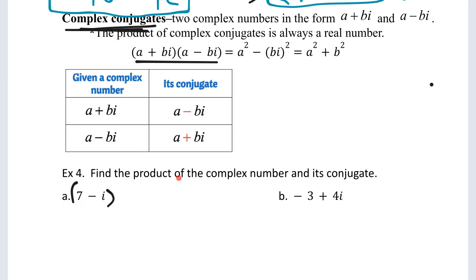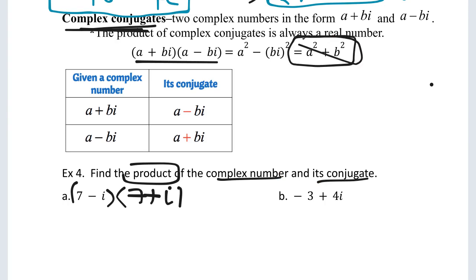So the product of 7 minus i and 7 plus i, which is the conjugate, would yield, canceling the portion, b squared.